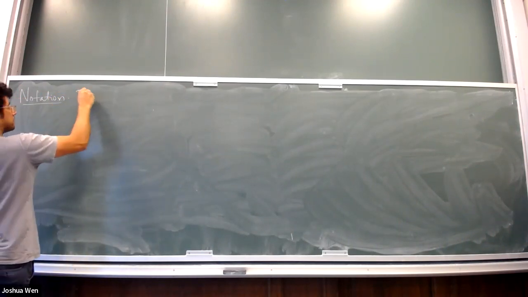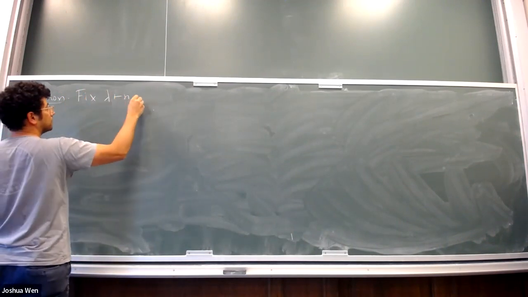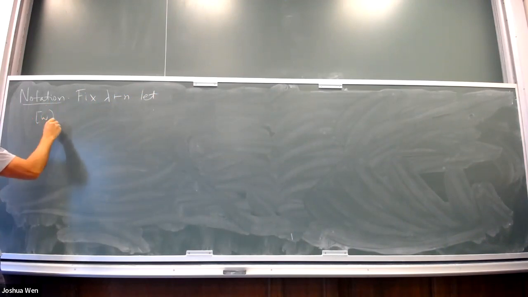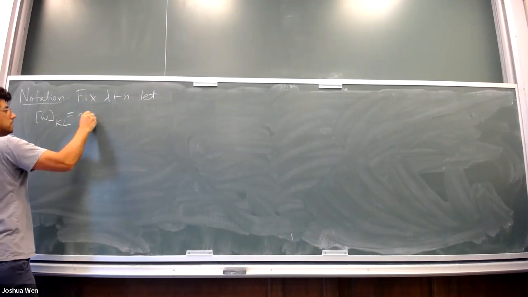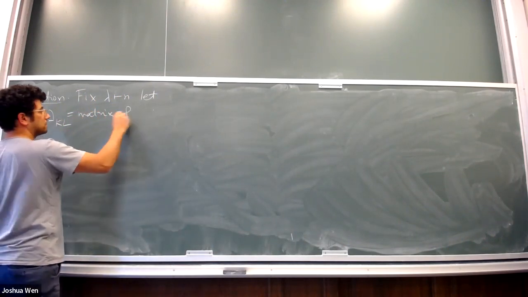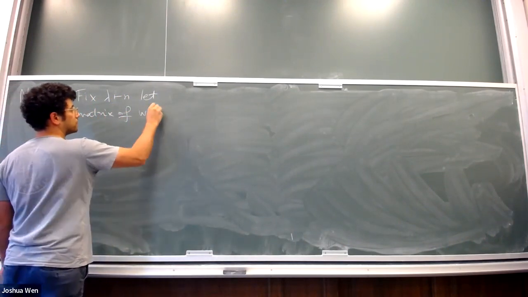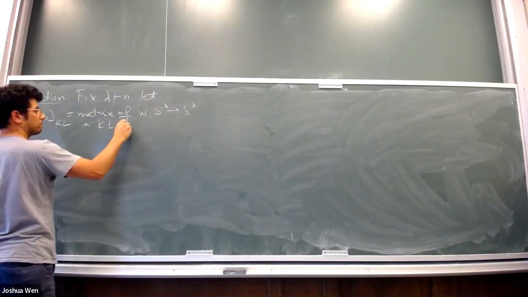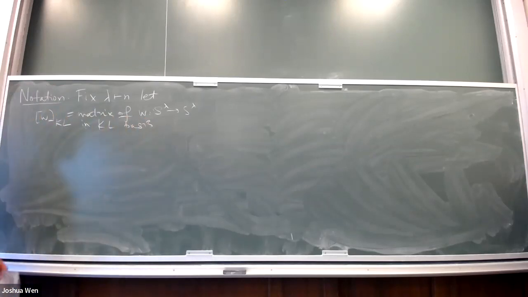If we fix some partition lambda and n, let me denote by square brackets W_KL the matrix of W acting on this lambda Kazhdan-Lusztig basis. Just a notation. And so the theorem is as follows.